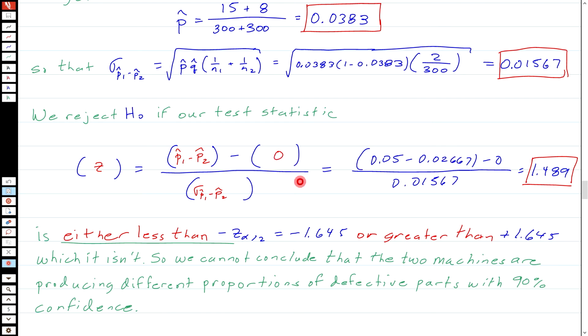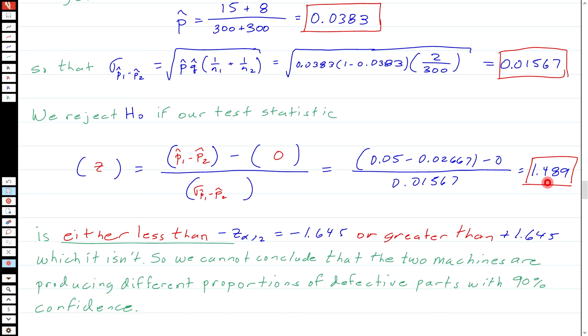So I can plug in the numbers there. We already know what the standard deviation of p hat 1 minus p hat 2 is from this line here. And I get 1.489 as my test statistic. And then continuing my sentence, this is a two-sided test, so it's either less than minus Z alpha by 2, which is minus 1.645, or greater than plus 1.645.